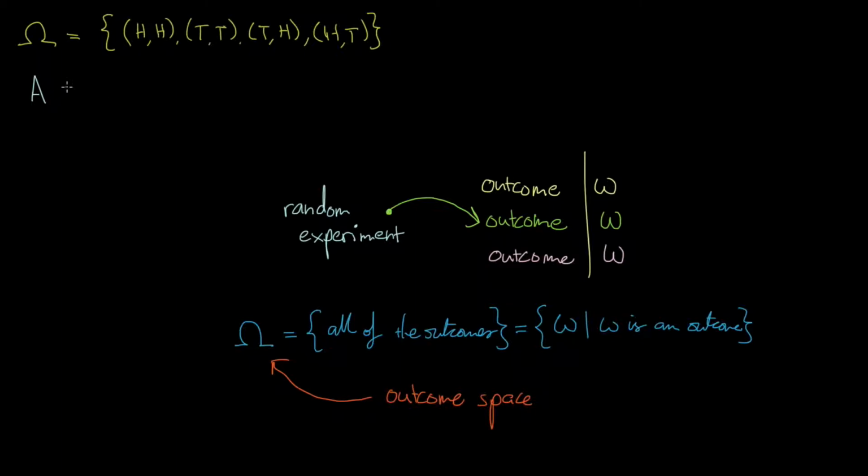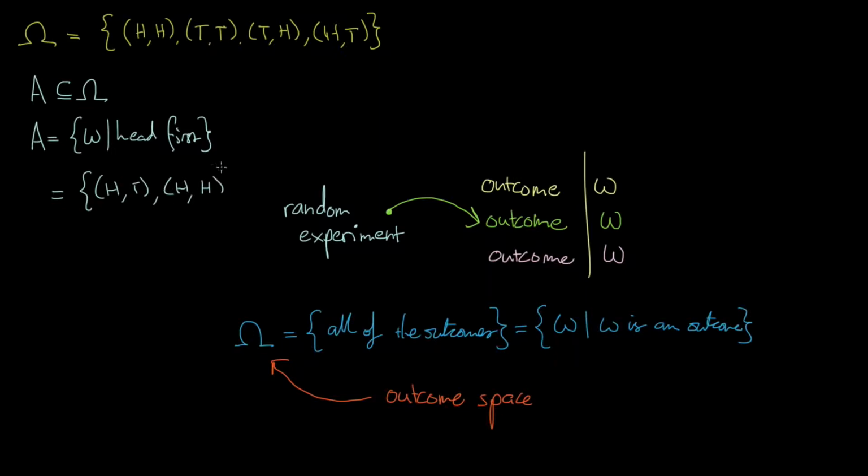And so we say A is an event when A is just some set which is a subset of the outcome space. We can write A as all the outcomes where we got a head first. I can write this out as head tail and head head.